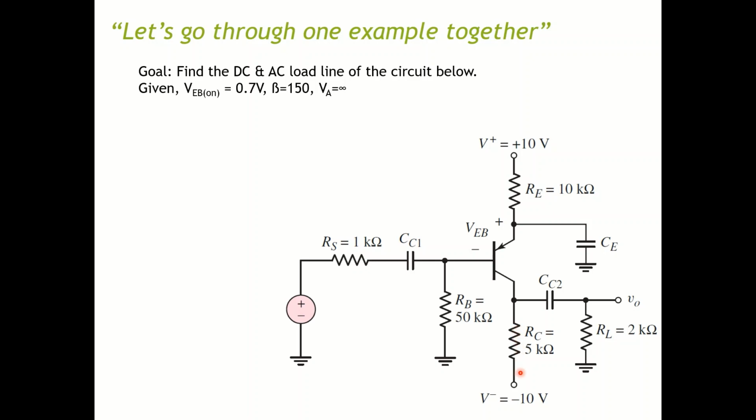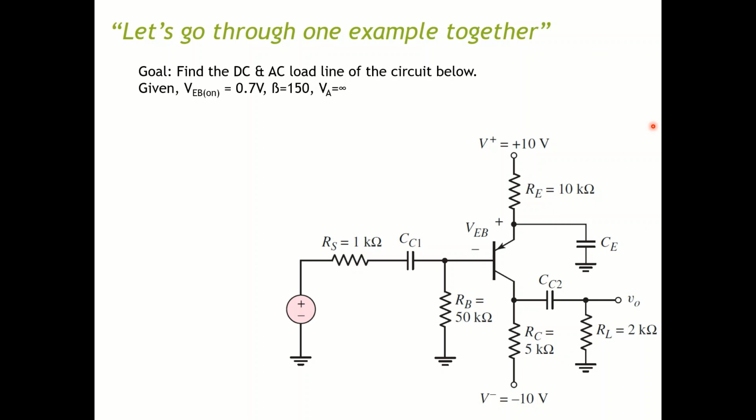This is in the DC condition. However, in AC condition, your current will go through this loop. This one and this one will be bypassed.